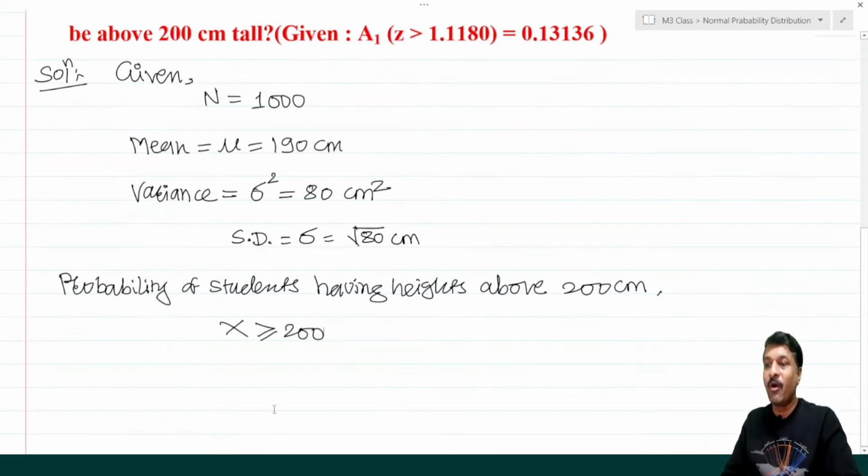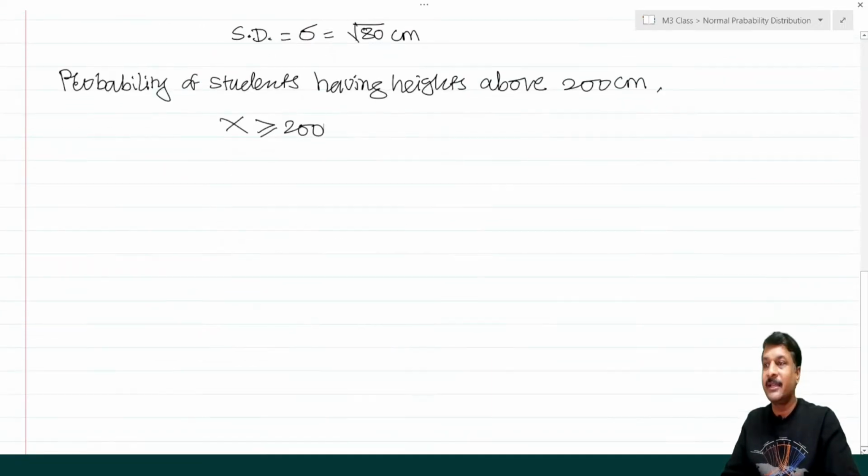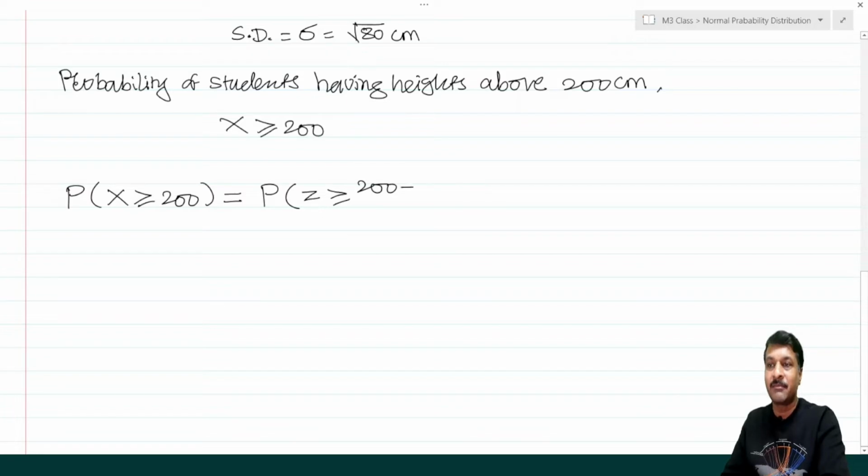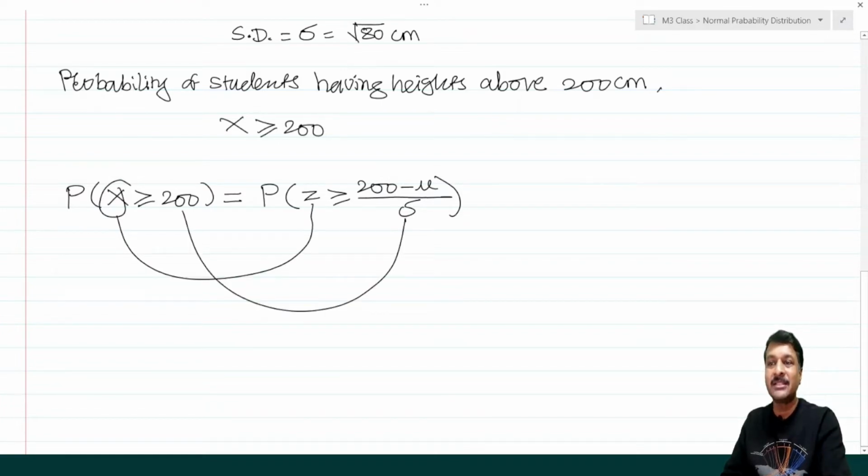So what we want here, probability of x which is greater than or equal to 200. So that you convert into z. How? We know probability of z which is greater than or equal to 200 minus mu by sigma. So this value of x I will convert into z by using the formula x minus mu by sigma.